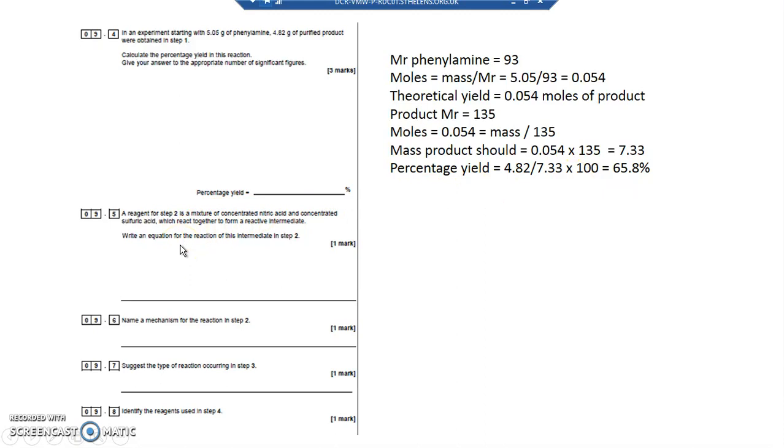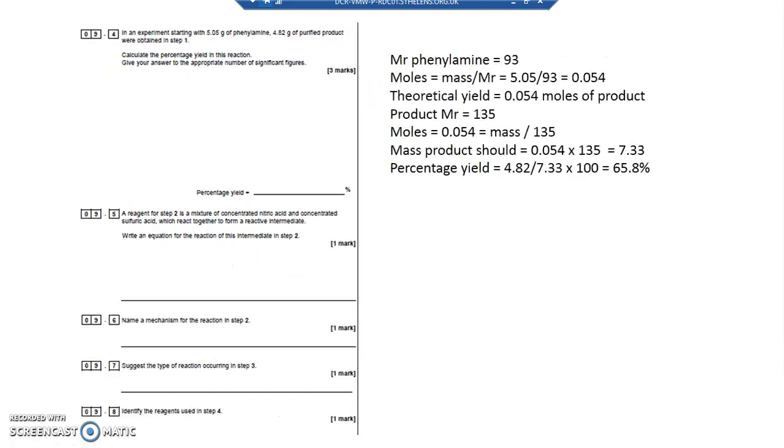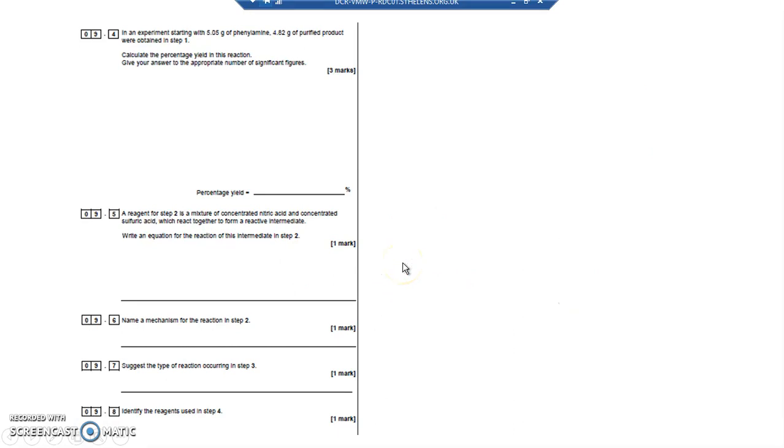Write an equation for the reaction of this intermediate in step 2. So let's have a look at step 2. So in step 2, I've got an NO2 joining onto the ring. This part isn't changed.